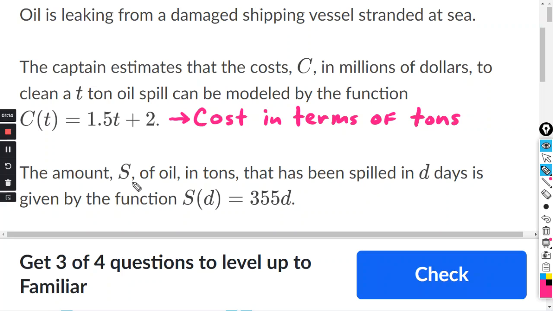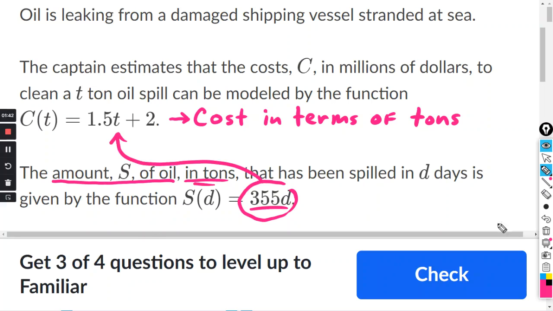Well, that's right here. S is the amount of oil that's spilled in tons. Okay, but S is written in terms of days. So really, since this gives us how much oil is spilled in tons, I think we can just take this function and plug it in right there.